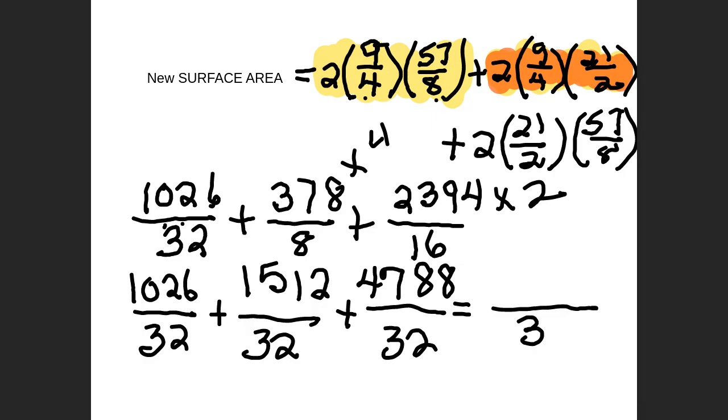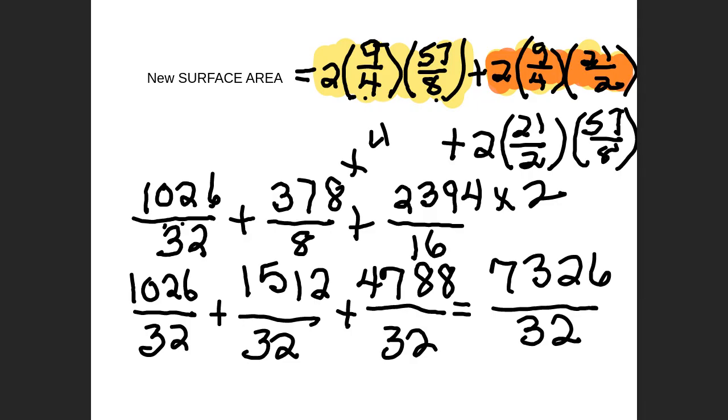I'm going to add all my numerators together. I have 1,026, 1,512, and 4,788. I am going to get 7,326.